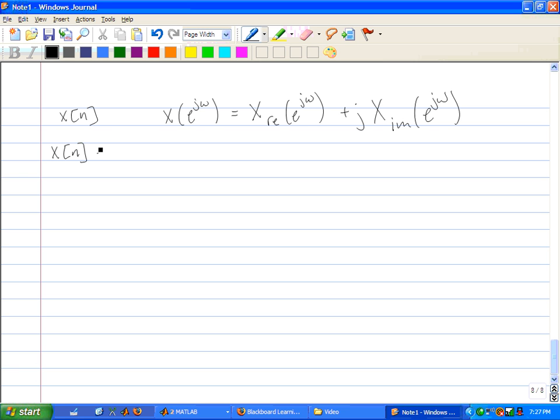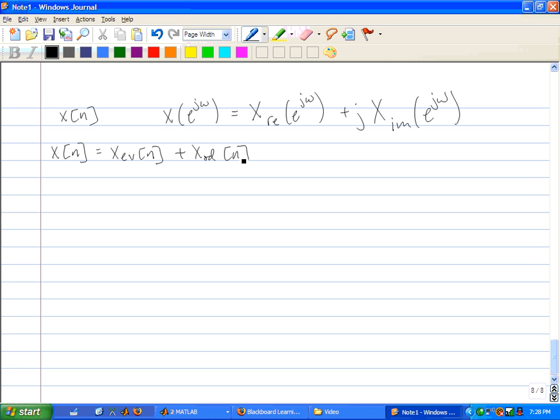Essentially, you take any signal and break it into an even part and an odd part: x even plus x odd.